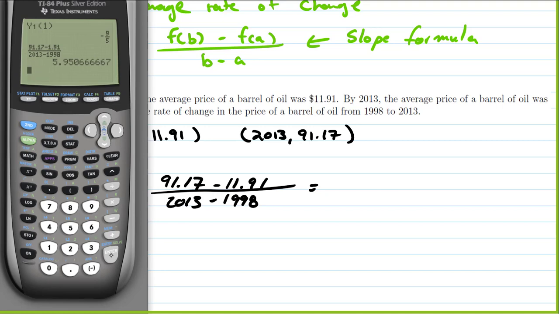And rounding to the nearest penny, it would appear that I have a typo. It should be 11.91, so let's fix that. I only have 1.91 in there. All right, now it's correct. Rounding to the nearest penny, we get $5.28.